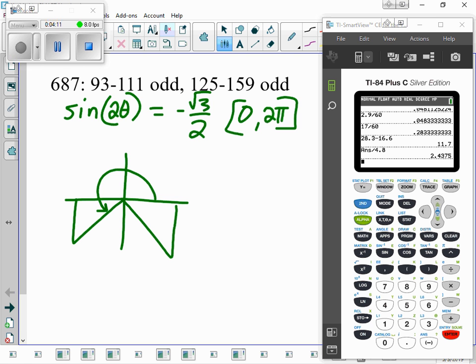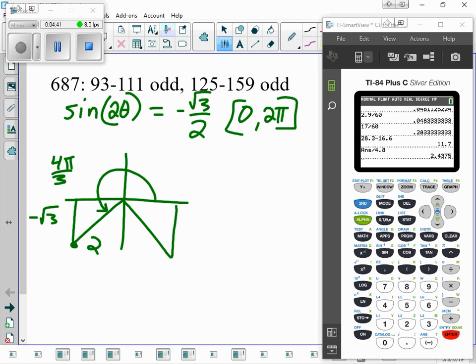Just pull it right off your unit circle. So this would be negative root 3, and this would be negative 2. What did you say the angle was? It's got to be in radians. It's not 5 pi over 4. 4 pi over 3.